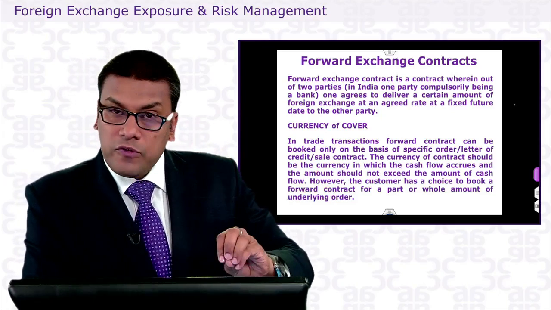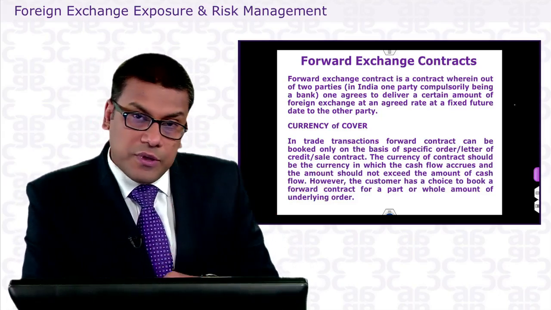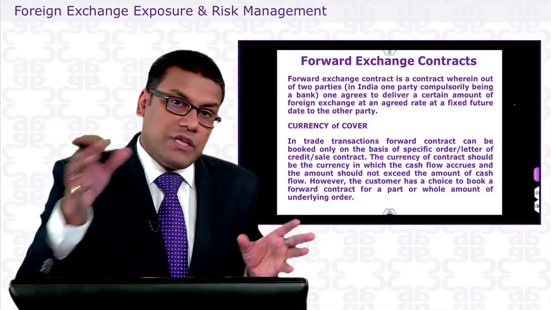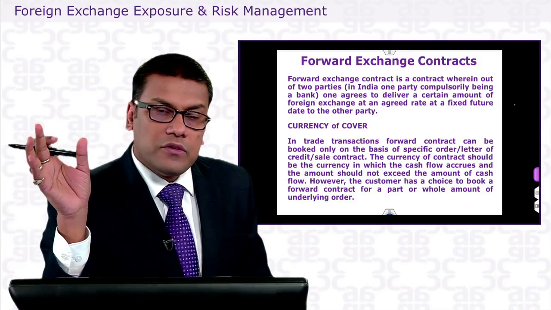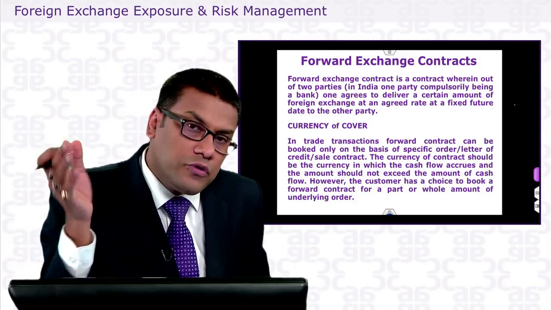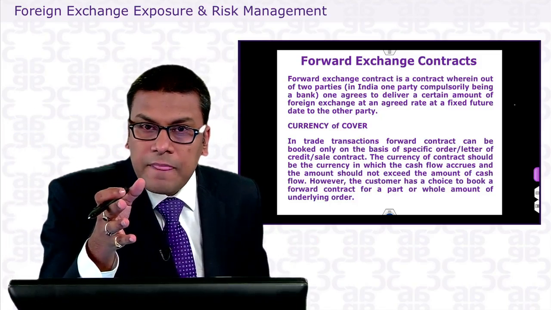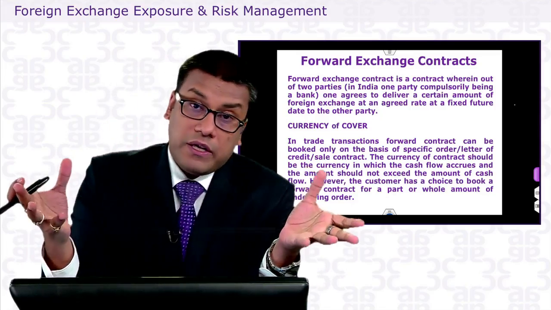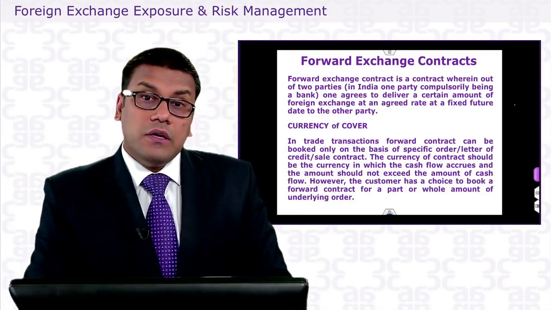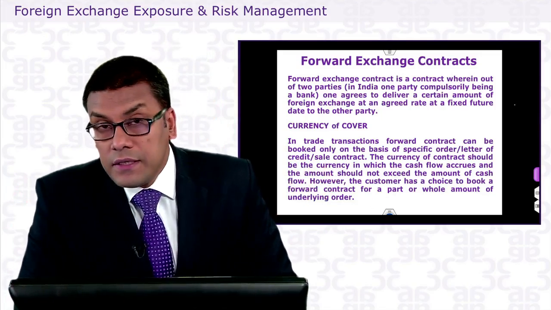So supposing the spot was 58 and you get a premium of 1 rupee, suppose, and you could fix your rate at 59. So whatever happens to the exchange rate, okay, going further, whether dollar rupee becomes strong or weak, you are going to get 59 rupees to $1. Okay, so that is what happens in a forward exchange contract, and both the parties are under obligation to fulfill the rights.